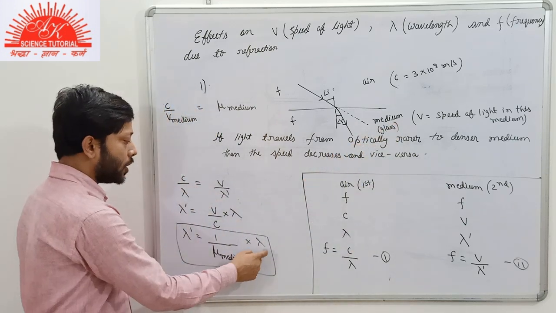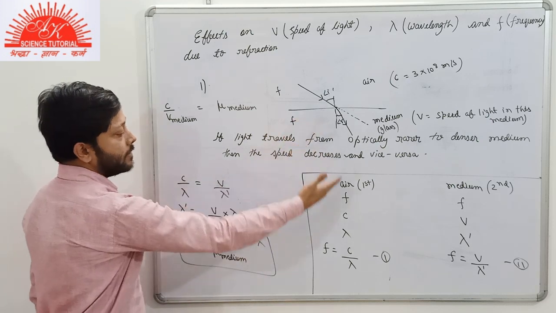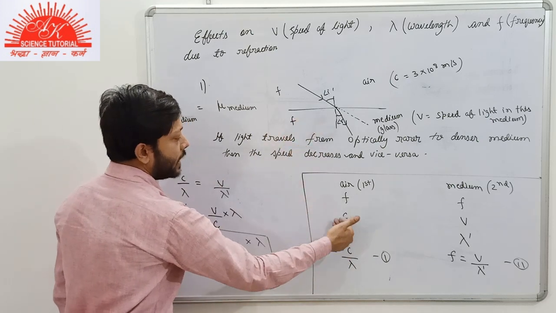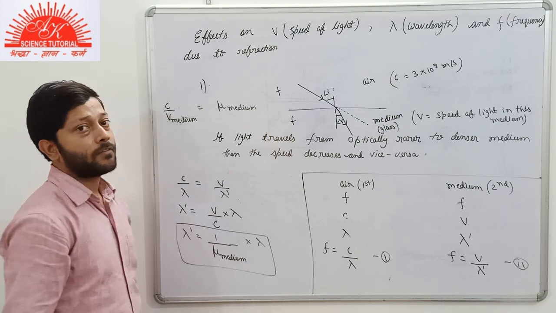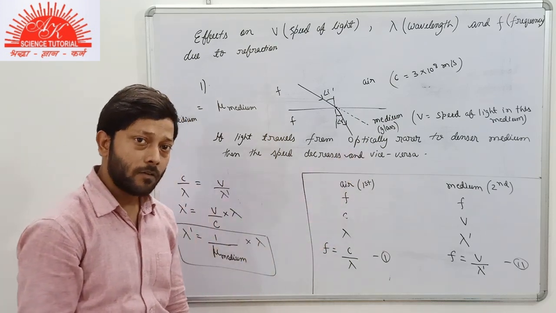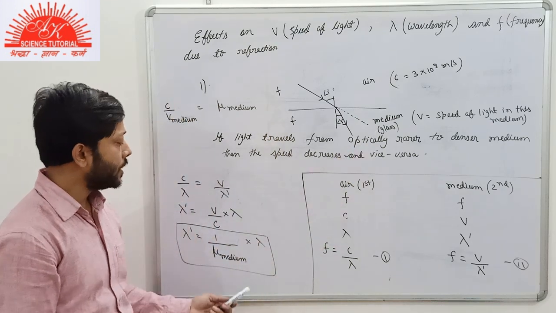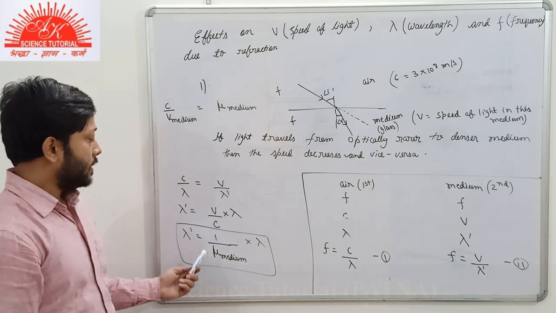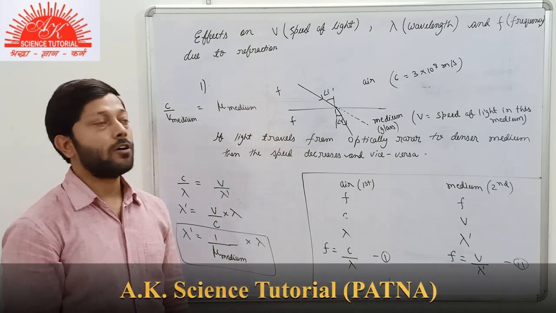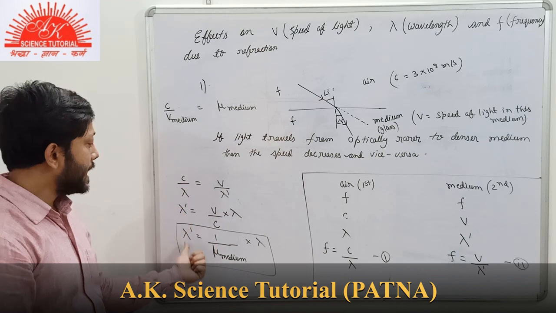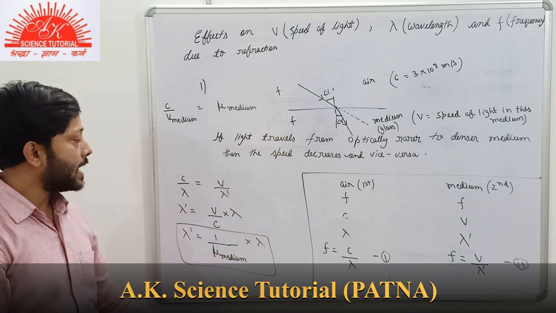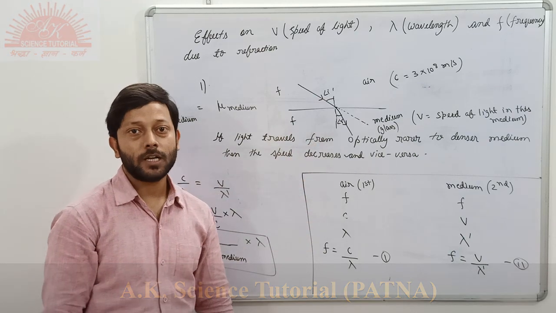So if we know lambda, the wavelength of light in air, and the refractive index of the second medium, the glass, then we can find lambda dash. So it was all about the relation between lambda dash and the refractive index of the given medium.